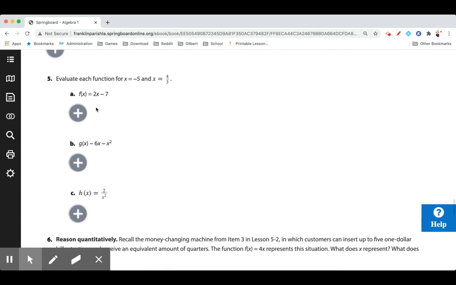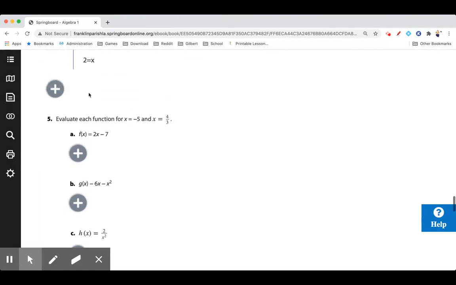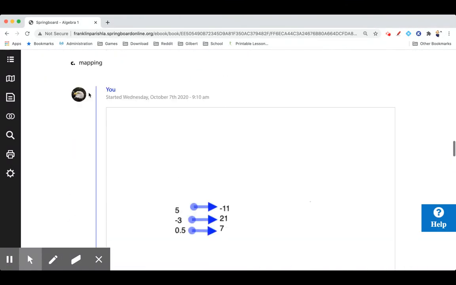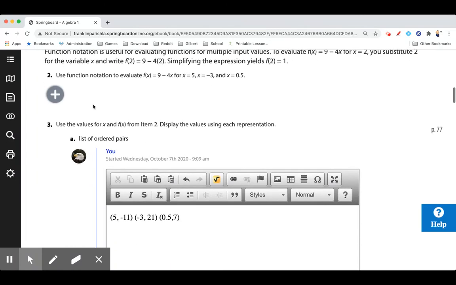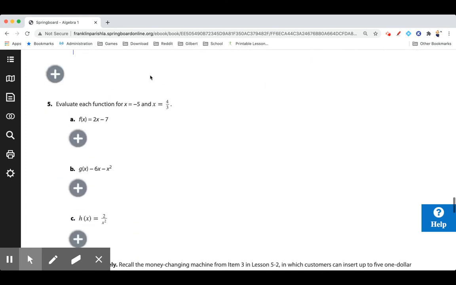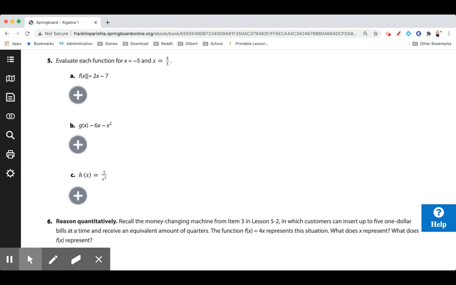In number 5, we would do the same thing as we did in the beginning when we replaced the x with these numbers and worked it out. See, right here. Number 5, we're going to replace x with negative 5 and with 4/3.